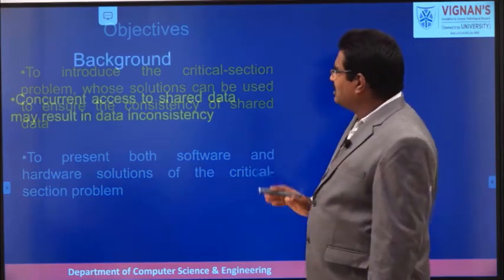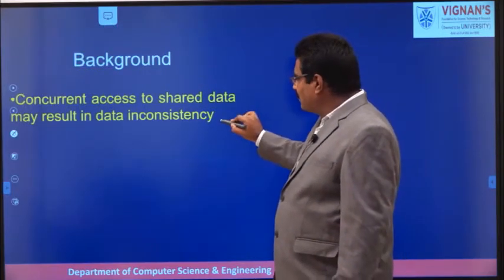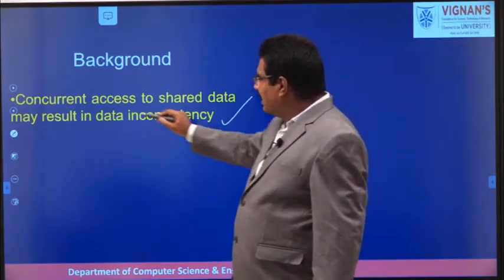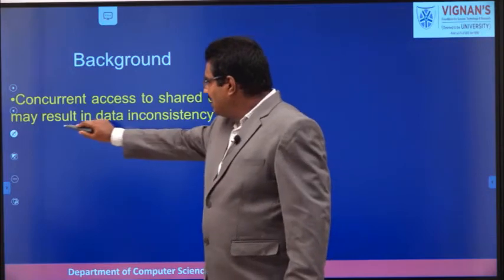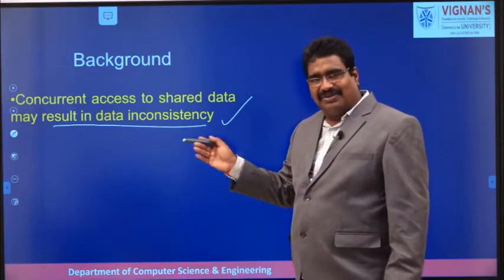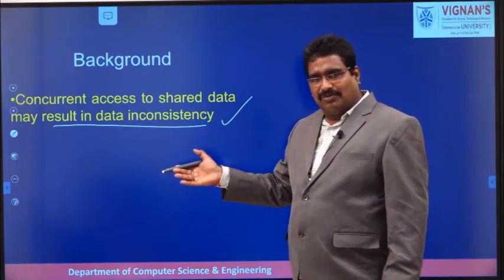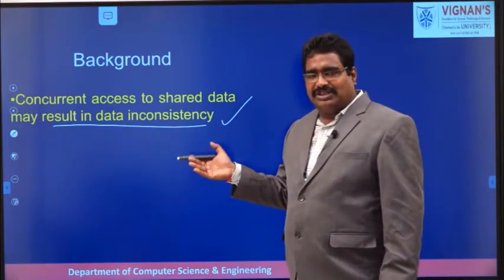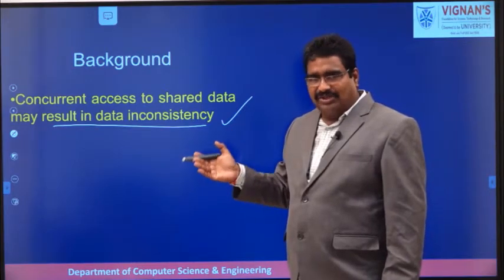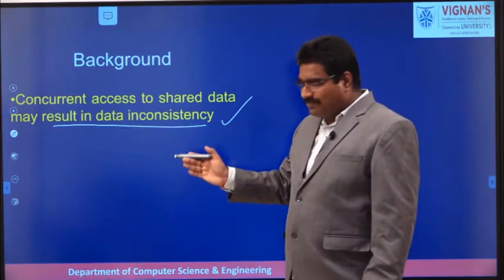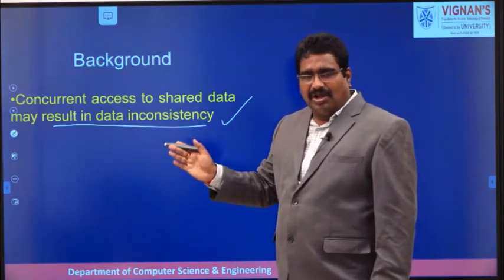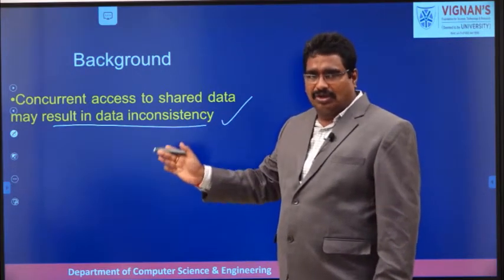Now we discuss the background of process synchronization. Already we discussed it. What is the background? Concurrent access to shared data may result in data inconsistency. Already we discussed the example of the Kumar account. We assume the balance is 1 lakh and he needs to transfer 50,000 from his account to the merchant account, and his friend Sunil wants to transfer 1 lakh from the Sunil account to the Kumar account.